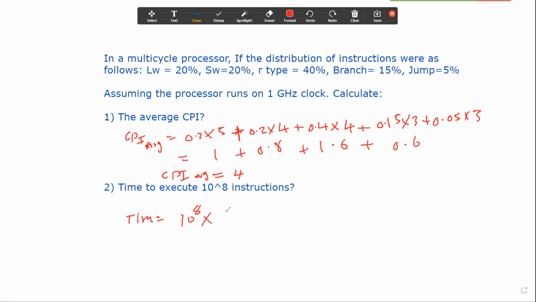How many cycles does each need? We multiply by 4. And since to compute the time we multiply by the period, or divide by the frequency, which is 1 gig, this is actually 10 to the power 9. Okay. So actually it's going to be 0.4 seconds. Good.